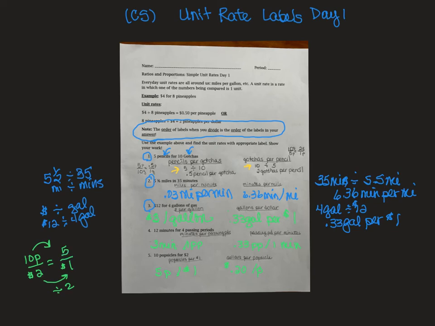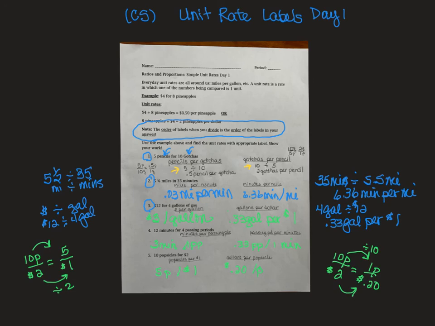And on the other side, I can still write it the same: 10 popsicles for $2, and I want 1 popsicle, so I'm dividing by 10. So I would divide the bottom by 10, and I would get 20 cents. So that's how it looks in both ways. I'm either dividing or I'm setting up a proportion.